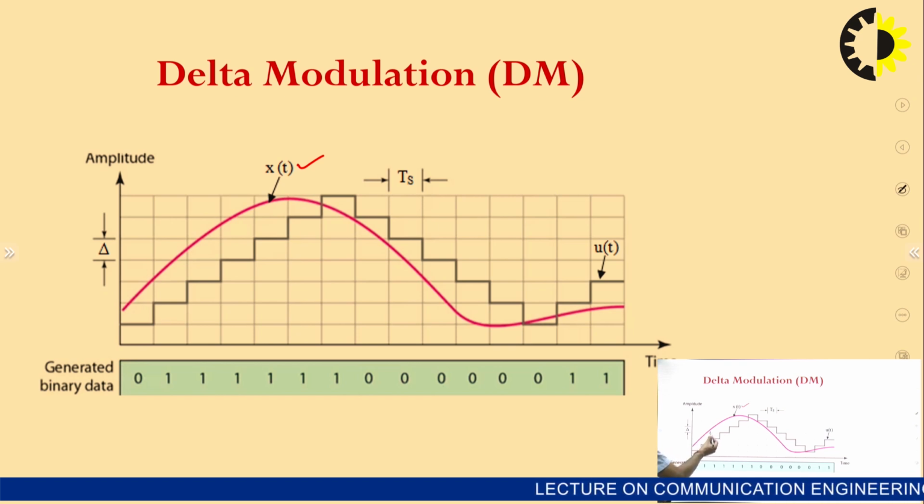Each next sample is greater than the previous sample, because our sine wave is in increasing order. So next sample will always be greater than the current sample.